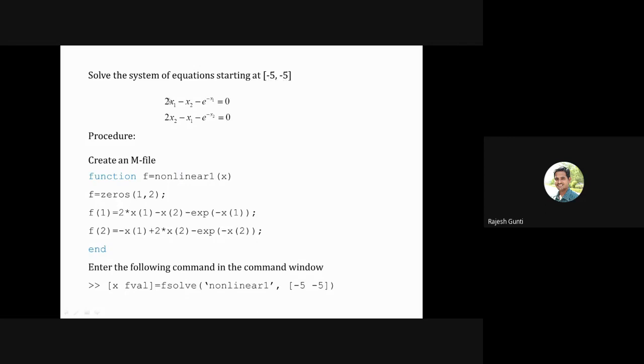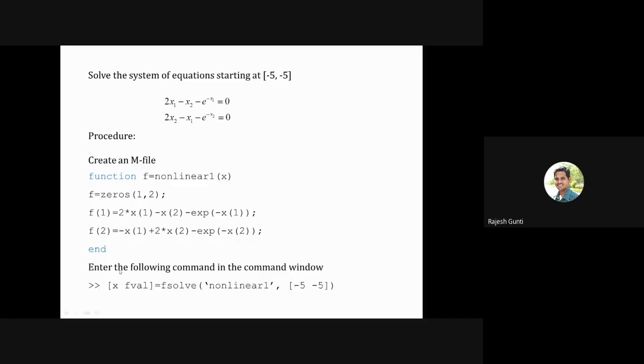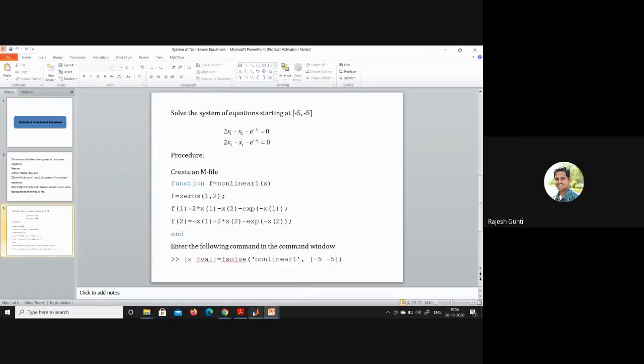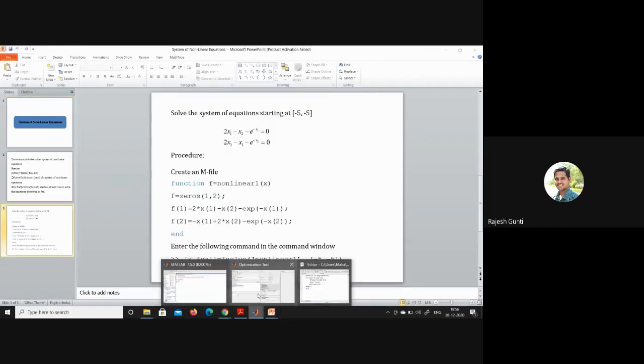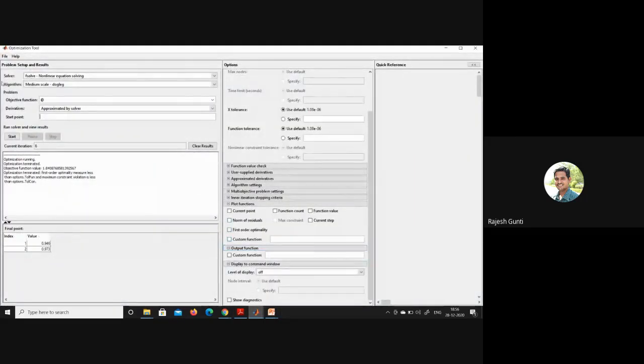Am I correct or not? We create one M file for the nonlinear equations, then we'll give the initial value. Here also the same. We'll give at the rate of the file name, starting point, start. We get the output.